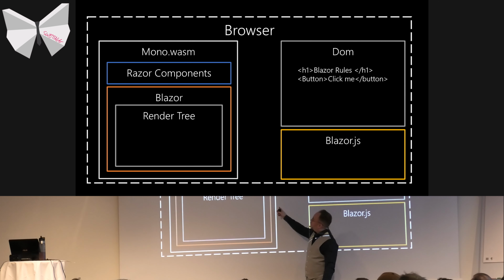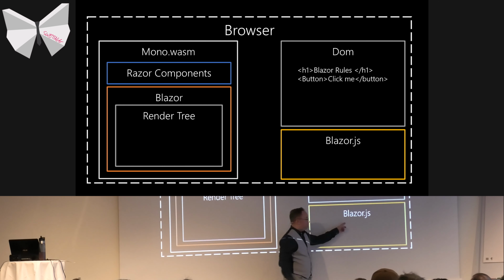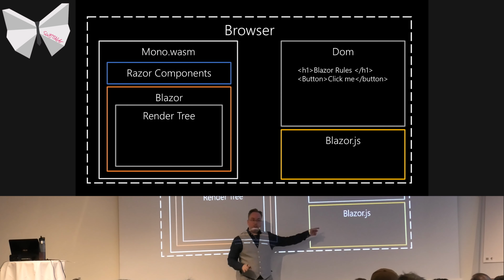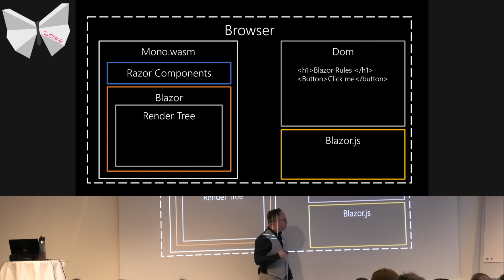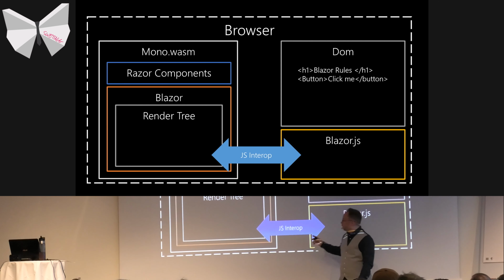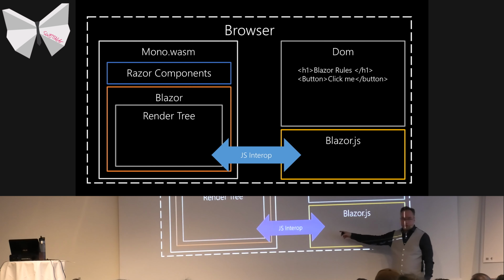It's running on mono.wasm, the WebAssembly version of Mono, running our Razor components, running Blazor, creating a render tree with all the information that we need. It has JavaScript on this side because WebAssembly can't talk directly to the DOM. We need JavaScript to talk to the DOM. The only difference here is that we're not using SignalR, we're using JavaScript interop instead.